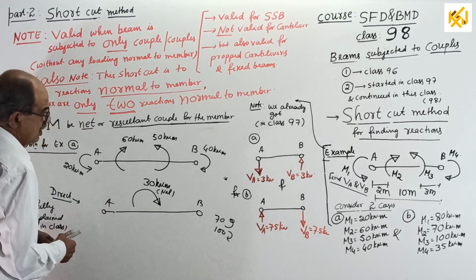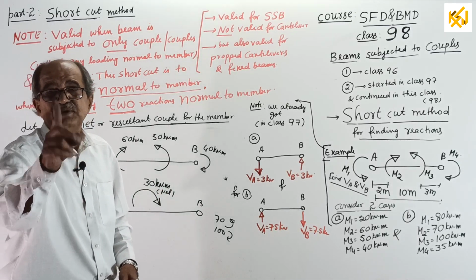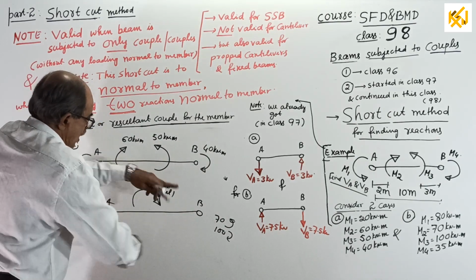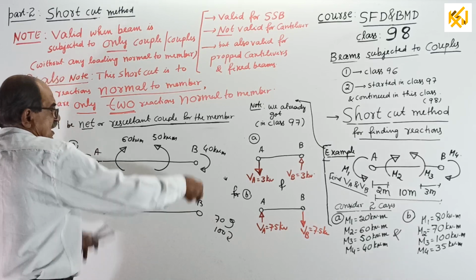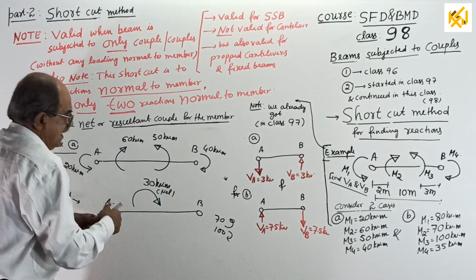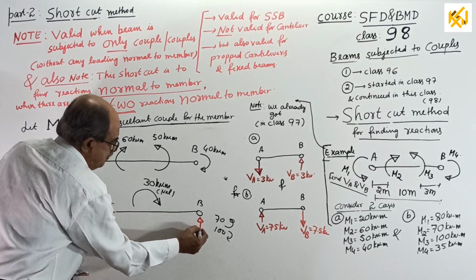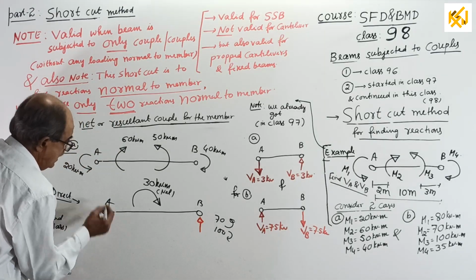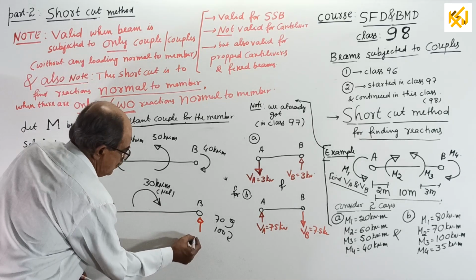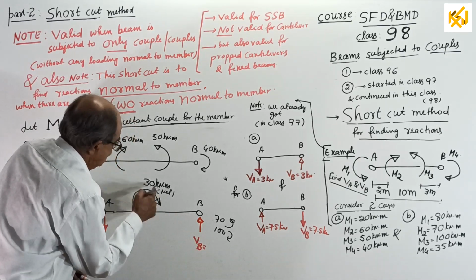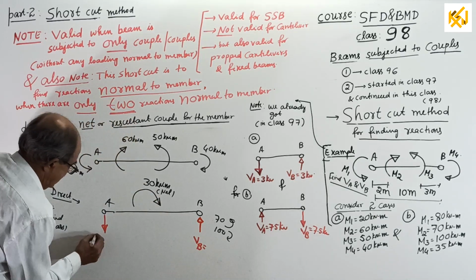Now, that's all. Apply the first concept. This is clockwise. These two reactions together should form a couple this way. To form that way, this should be up, this should be down, is option number 1. VB equal to VA.